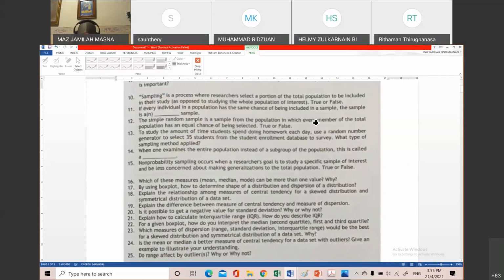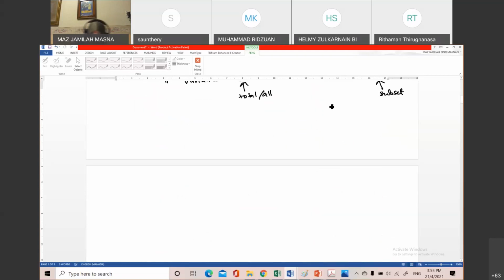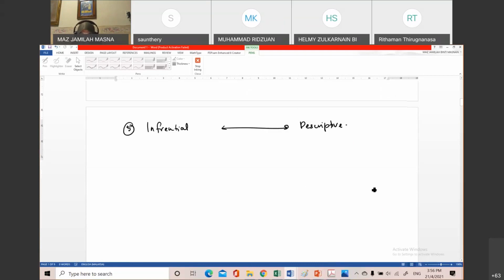Explain the difference between descriptive and inferential statistics. Question number 5. What is the difference between inferential and descriptive? Someone is not muting, okay? Now, what is the difference between descriptive and inferential?